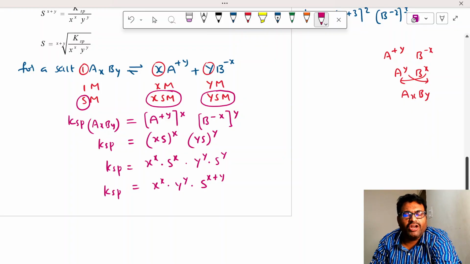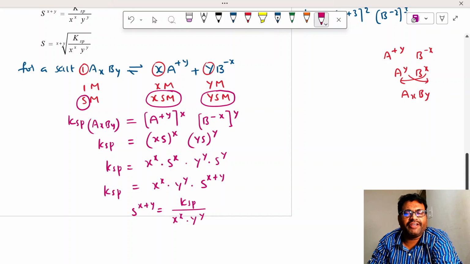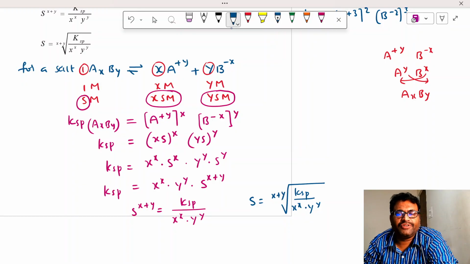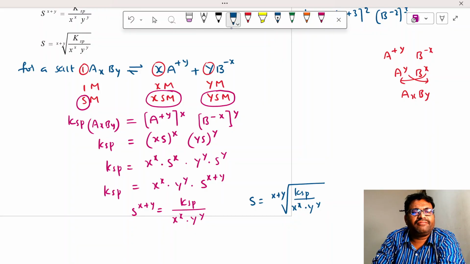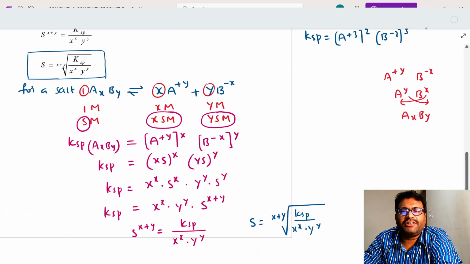Then if I want solubility, S to the power of X plus Y is equal to KSP by X to the power of X into Y to the power of Y. Then I can write solubility S is equal to the X plus Y root of KSP by X to the power of X into Y to the power of Y. Okay, so this is how we calculate. So let us move to the next part.